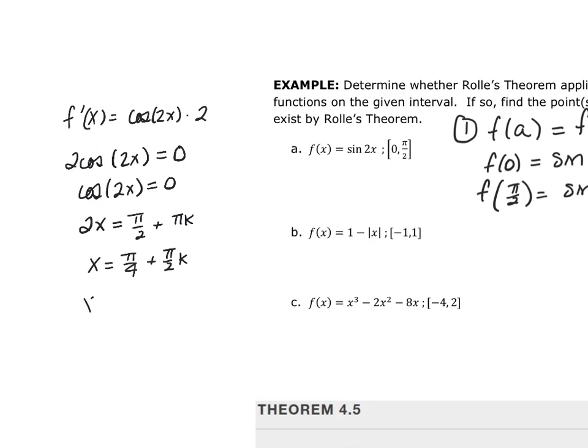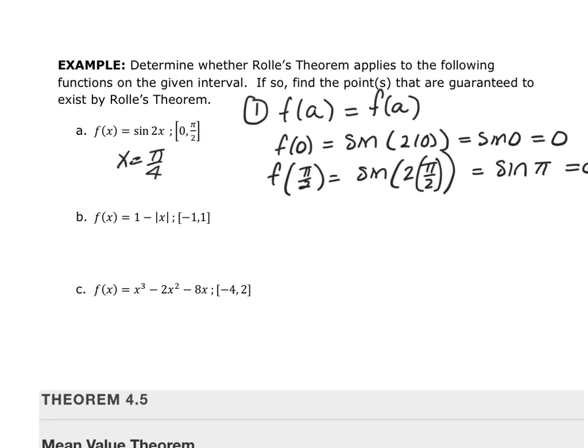So the only place this is going to happen is when k equals 0. I'm going to get an output of pi over 4. So my answer here is when x is equal to pi over 4, I'm going to get a derivative that's equal to 0. Let's take a look at b. So the first thing is that I have to ensure that f of a equals f of b.